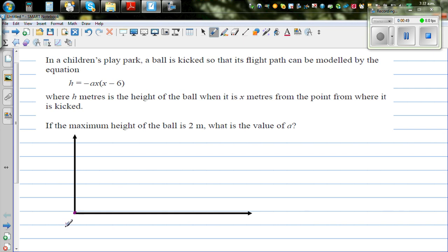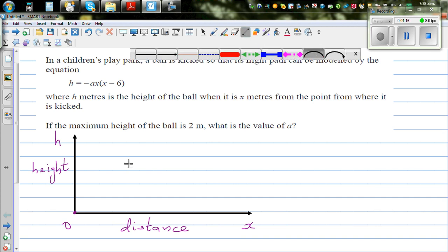O is the origin, this is your x-axis, and this is your h-axis, your y-axis, which is your height. On the y-axis, we're taking the height of the ball, and x is the horizontal distance it travels.